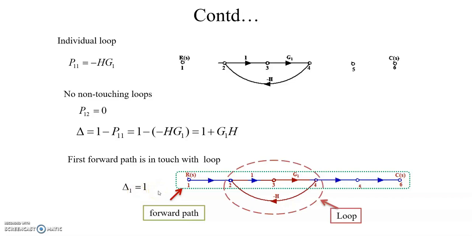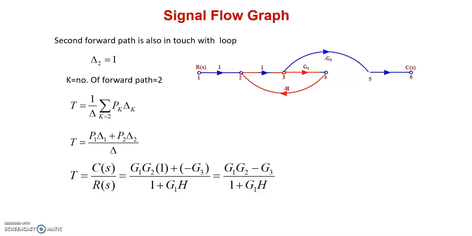Next, the second forward path is also touching the loop, so delta 2 is also equal to 1. In this problem the number of forward paths k is equal to 2.